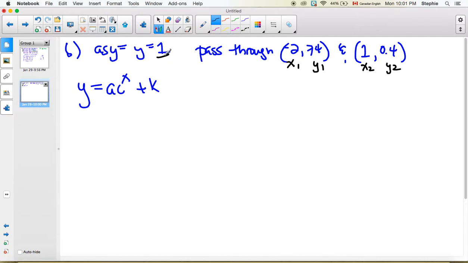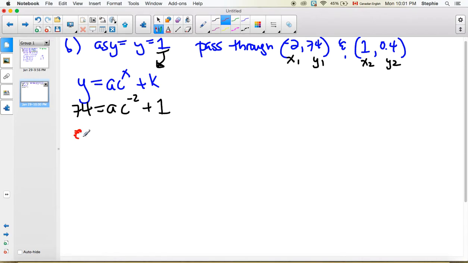So I know that the asymptote is going to be k, which is the y equals 1. So I'm going to replace the y with the 74 equals ac to the power of negative 2 plus 1. That's equation number 1.